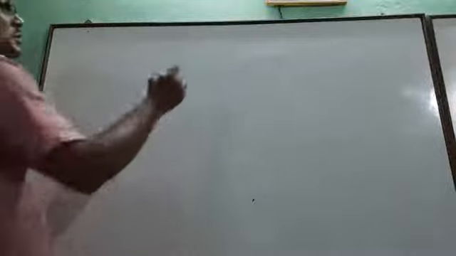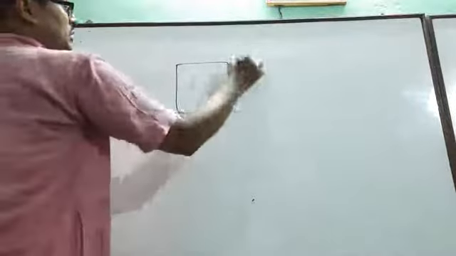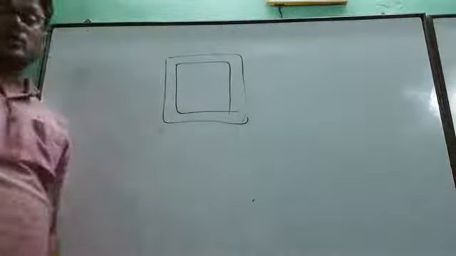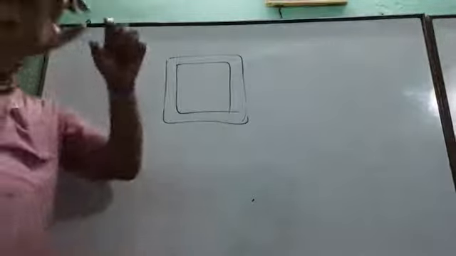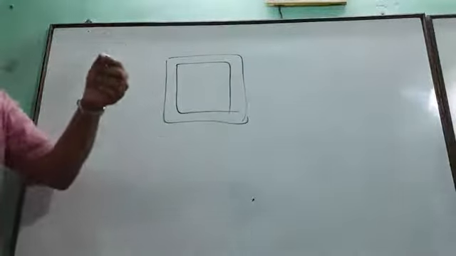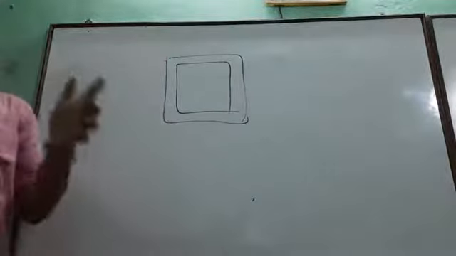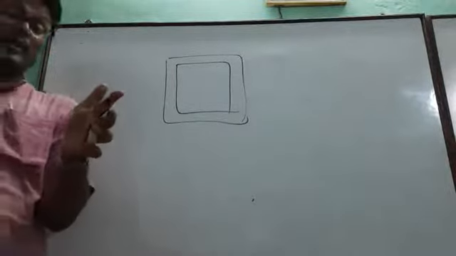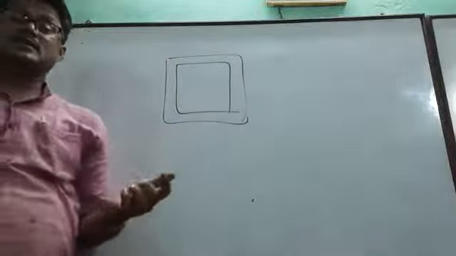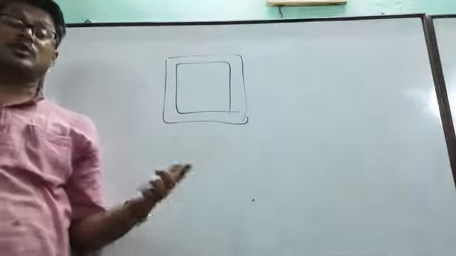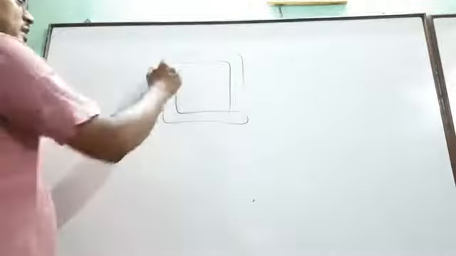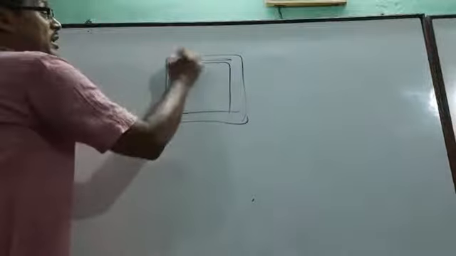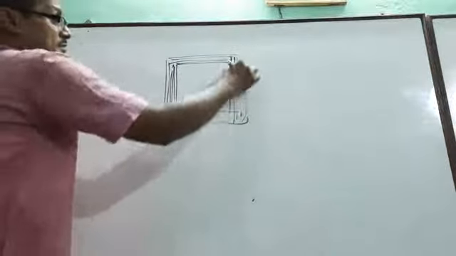The transformer is made with a soft iron core, and the core is not a solid one. We have many laminated plates, and laminated plates always decrease the eddy current, meaning heating loss will decrease.